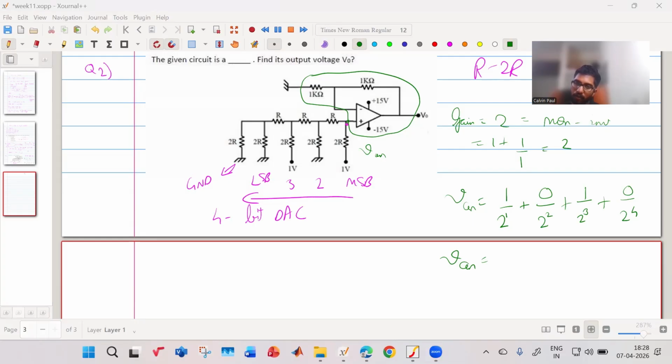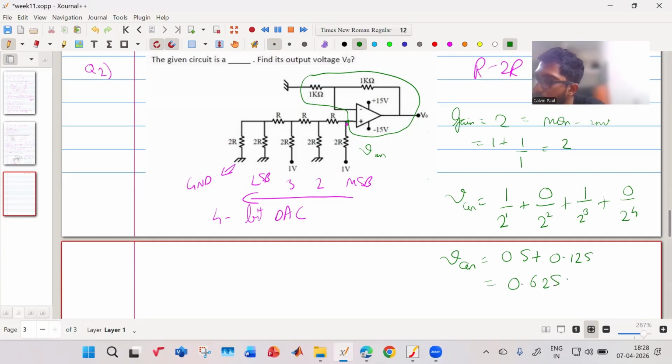V analog is 1.25. So V analog actually is 0.5 plus 0.125. So that is 0.625 volt.